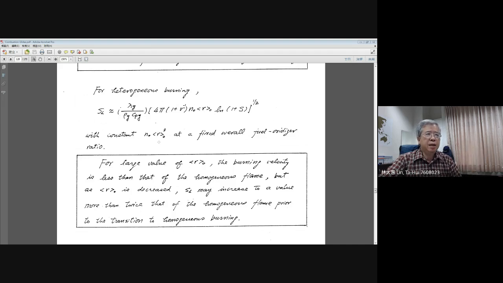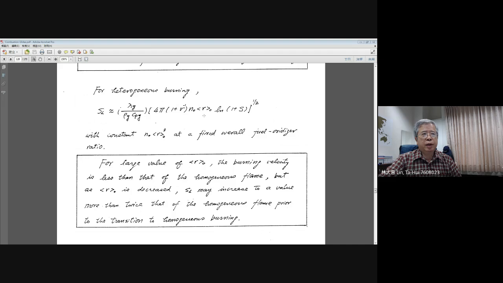If this is a constant, that means N naught times R naught cubed is constant, so N naught will equal a constant divided by R naught cubed. Okay, and you will find out this can be replaced by 1 divided by R naught square.